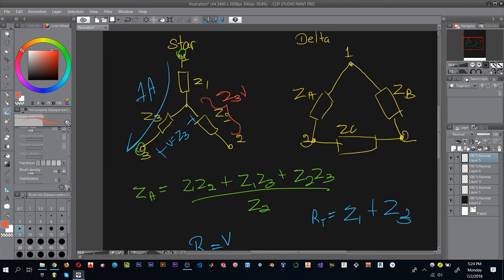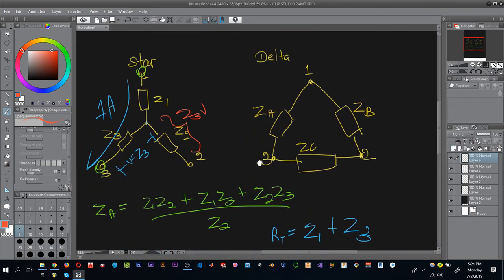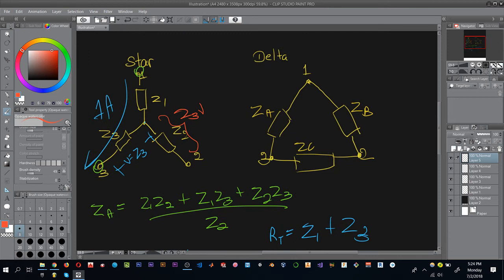If Z3 volts are being dropped across Z2, then we have a separate current, you can call it a bypass current or whatever. The current would be equal to Z3 volts divided by Z2 ohms.